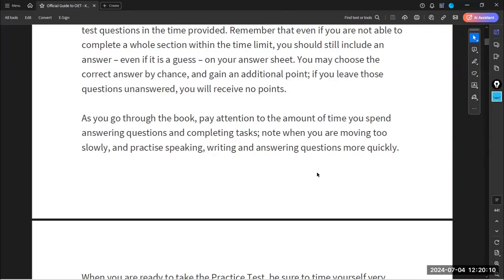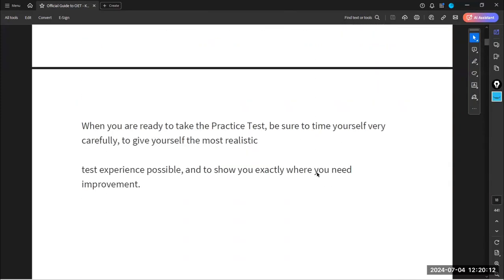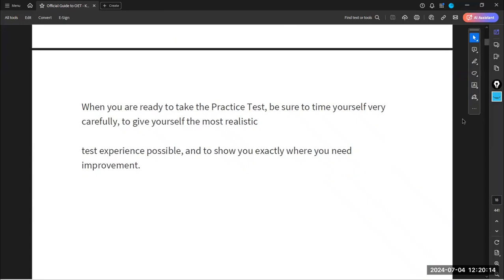If you don't know how to divide your time, this is something bad, because you will not be able to answer all the questions. And this really happened to 50% of students who are applying to these exams.